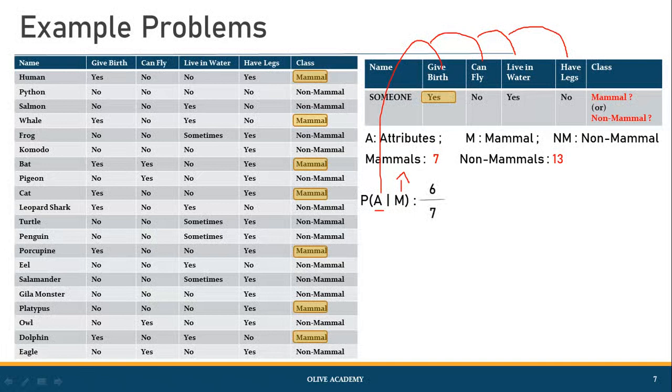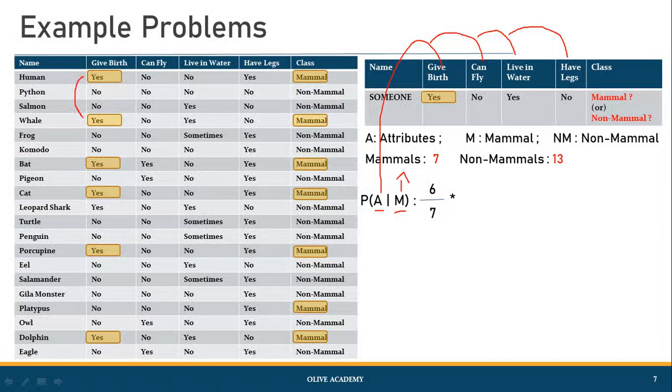Now we need to identify how many records with mammal have the capability of giving birth as yes, right? If you look at this example, the number of yes categories is just 6: 1, 2, 3, 4, 5, 6.